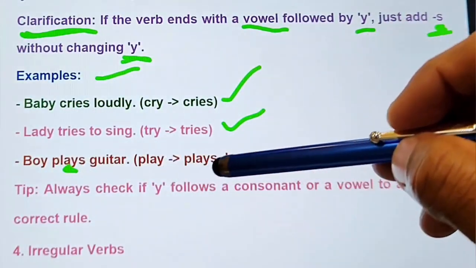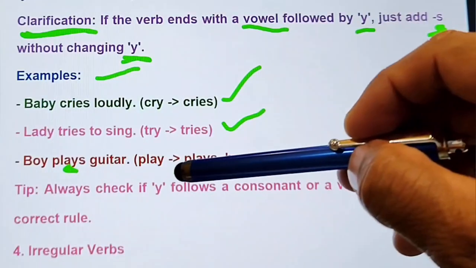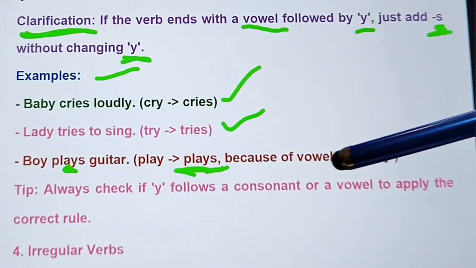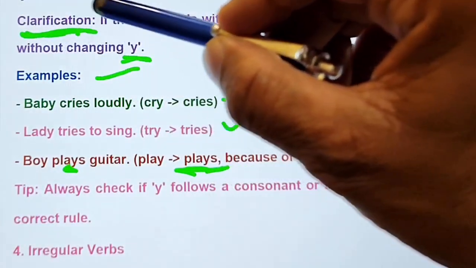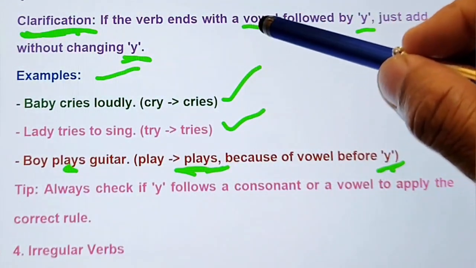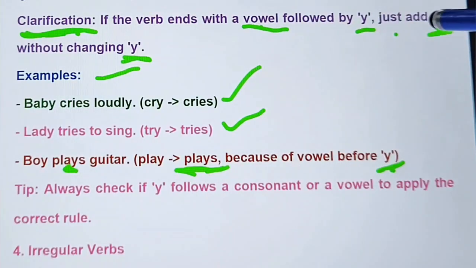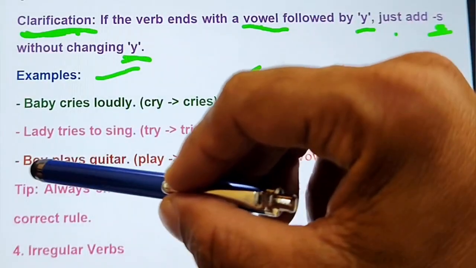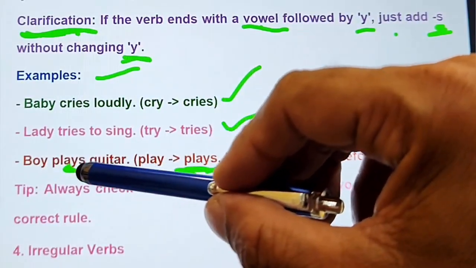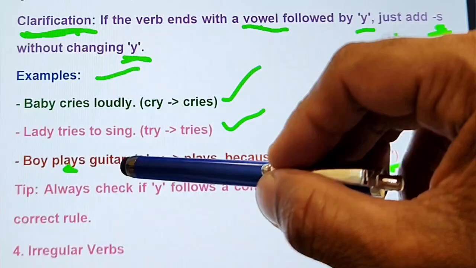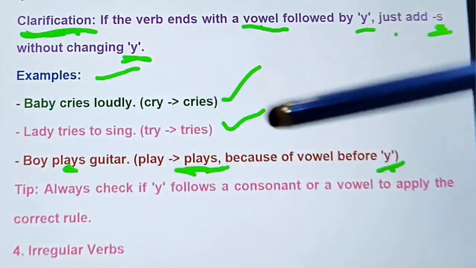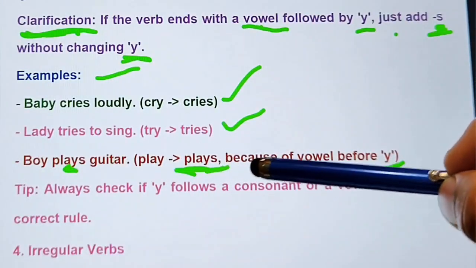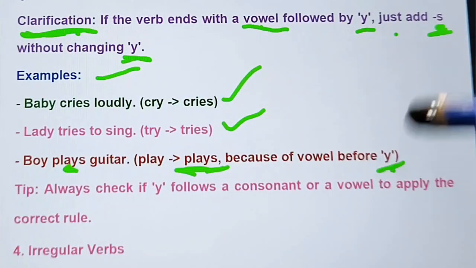This one is very simple, we already clarified it here. If the verb ends with a vowel followed by y, just add s without changing y. So in this example, boy plays guitar. "Play" changes to "plays" because of the vowel before y.